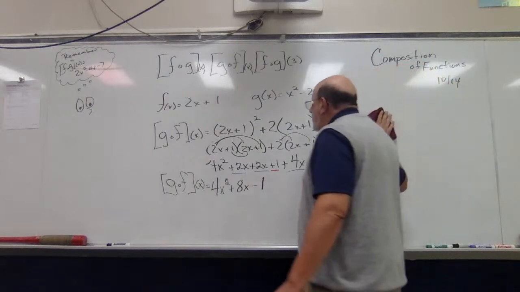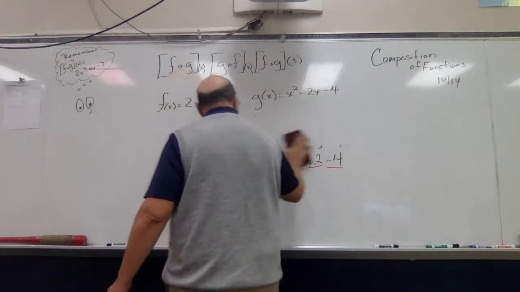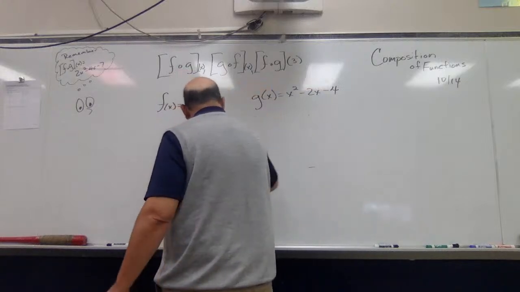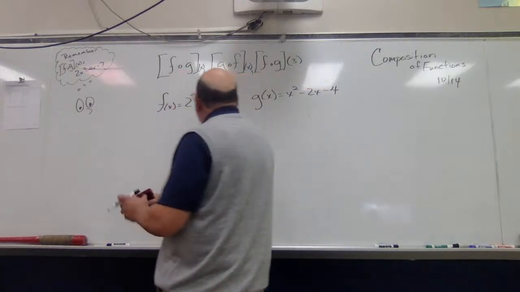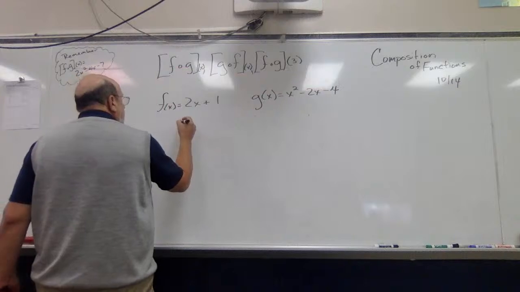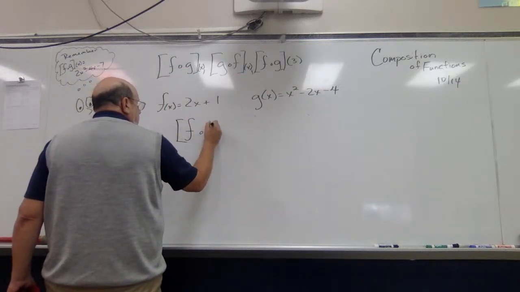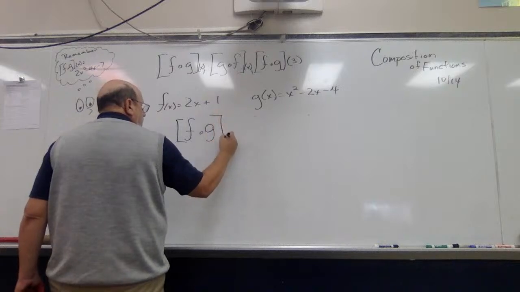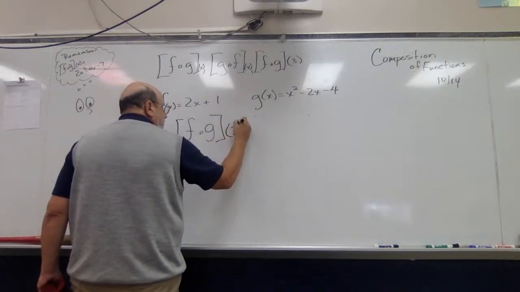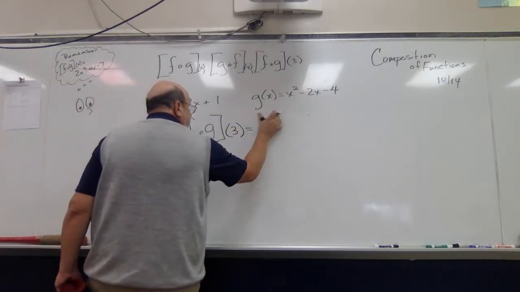All right, last but certainly not least, we go back to that original function, that original composition of f composed of g, and then we're going to put a 3 in, right?